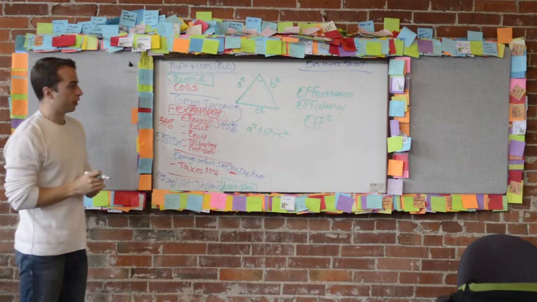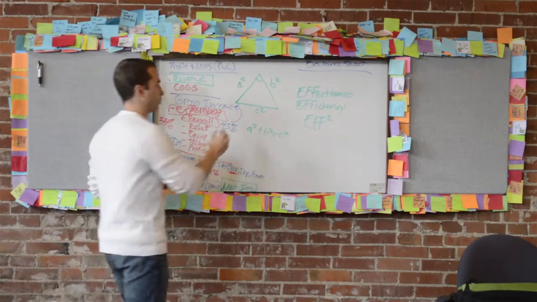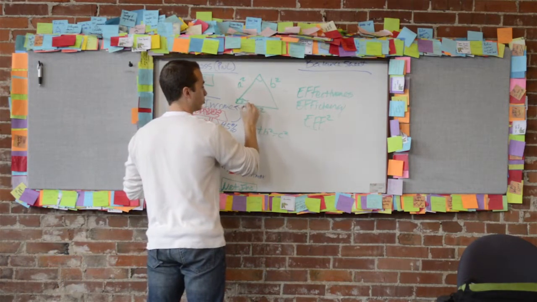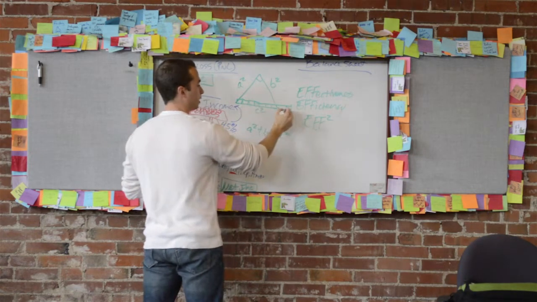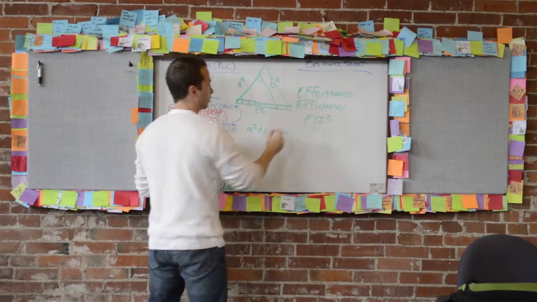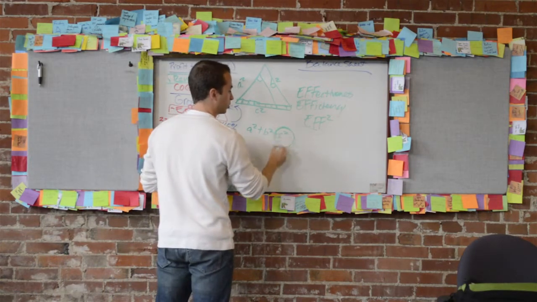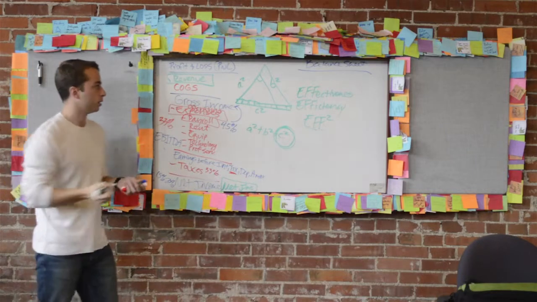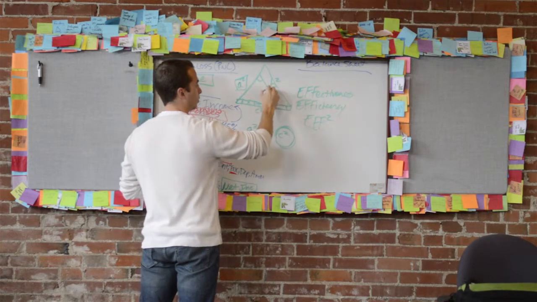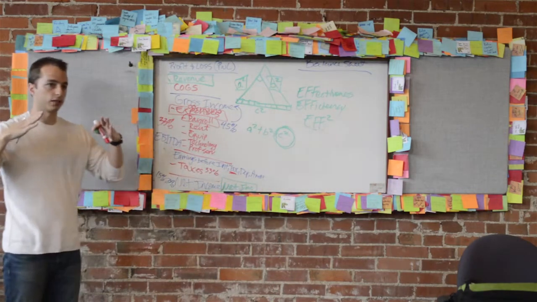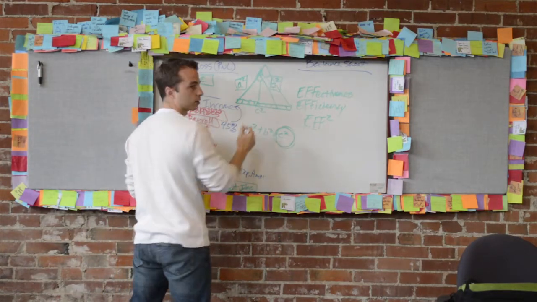Where it ties back in is when we talk about the pyramid growth: the more we can learn, the more we can get better, the wider our base gets, right? And the wider our base gets, the higher the triangle can go. So really what this focuses on is if we can focus on building c squared, which is what we can control, with effectiveness and efficiency, then revenue, and therefore net income, will continue to rise.